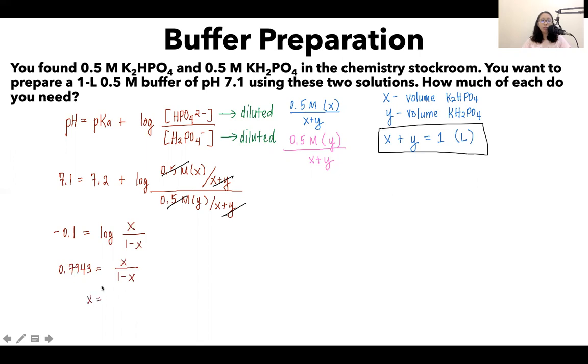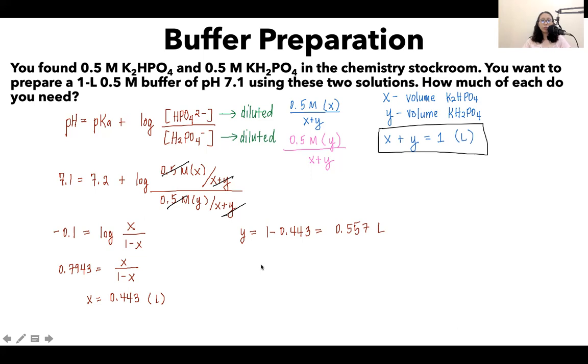Solving for X, you will get a value of 0.443. Again, the unit of our volume is liter. And it follows your Y is equal to 1 minus 0.443. This is equal to 0.557 liter. Which means, so what volumes do we need to mix?